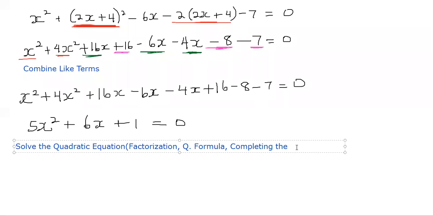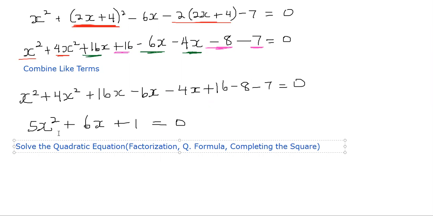So those are the 3 methods that we could use to solve a quadratic equation.